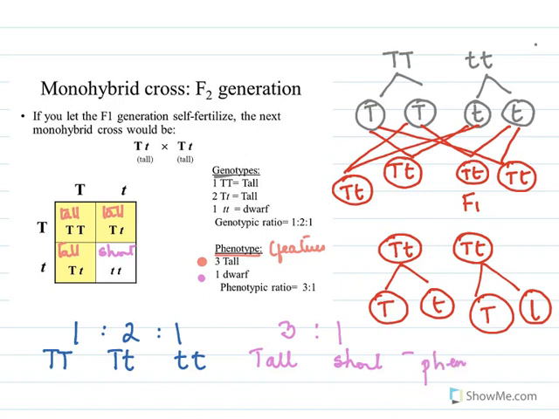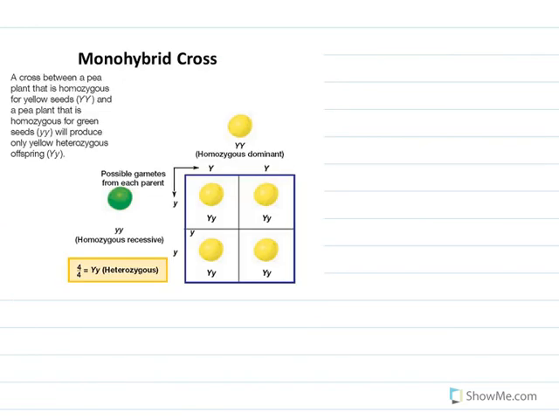Remember, this is the phenotype ratio, the features. And this was the genotype ratio of genes, the type of genes. We'll take another example of a monohybrid cross where you have a yellow seed, pure yellow, both capital, and a pure green seed.